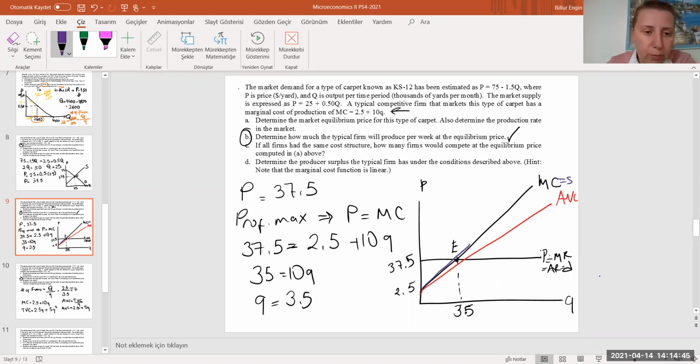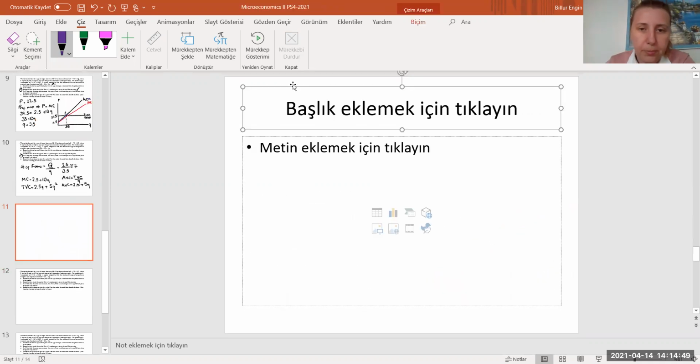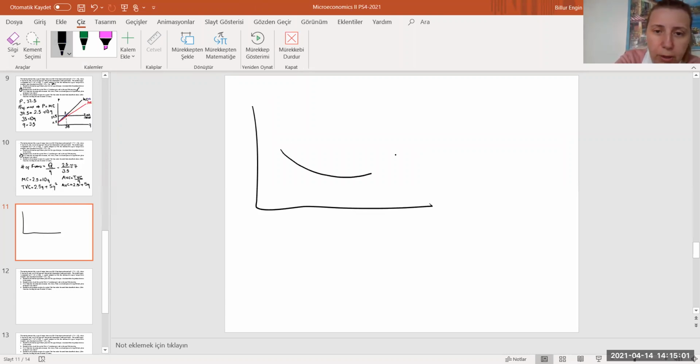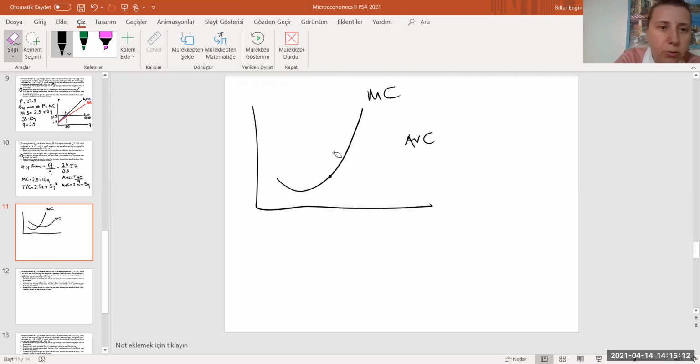I mean to say this. Maybe let's add a letter here. Actually we said this last week too, but let's emphasize it once more. For U-shaped cases, short run functions, average variable cost and the marginal cost, the minimum acceptable price, of course I opened that here. I'll say it now, Melisa. For U-shaped case, the minimum acceptable price for the firm is at the shutdown point where marginal cost and the average variable cost equal each other, which is the minimum point of the average variable cost.